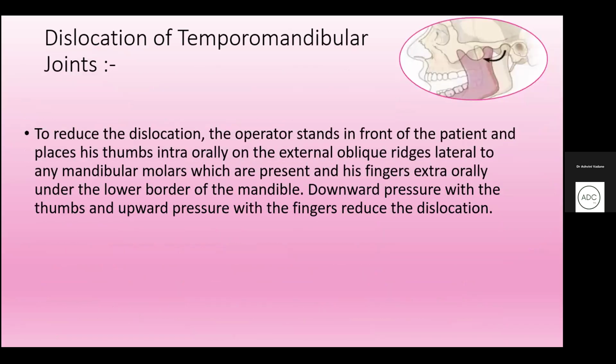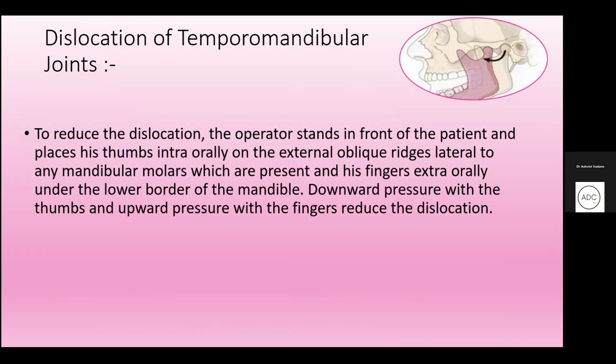Then we have already discussed dislocation of the TMJ. If dislocation of the TMJ happens, then we have to guide that TMJ into the proper position to reduce the dislocation. There is one proper protocol. To reduce the dislocation, the operator stands in front of the patient and places his thumbs intraorally on the external oblique ridges lateral to any mandibular molars which are present, and his index fingers extraorally under the lower border of the mandible.